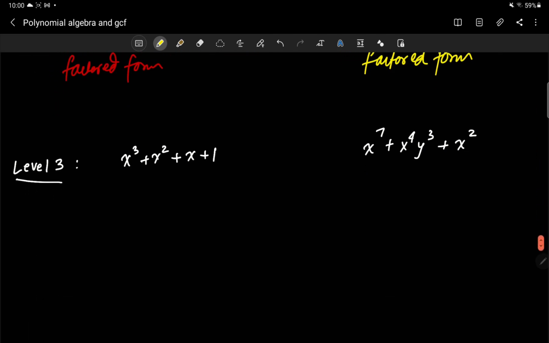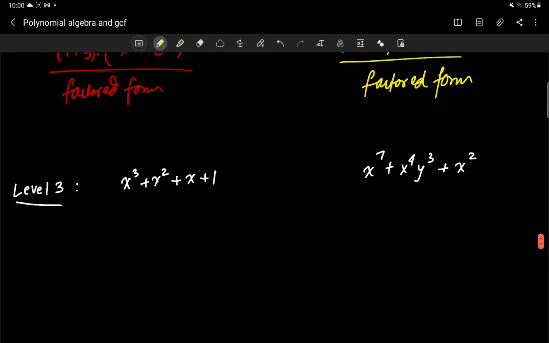And then lastly, level 3. Actually this is still sort of level 2 because you factor out x squared and you get x plus 1. Oh, I see why I put this in level 3. x and 1 don't have anything in common, but that means their GCF is 1. So you can always factor out a 1.